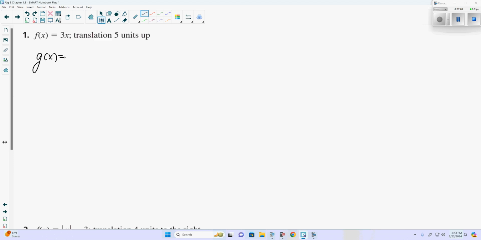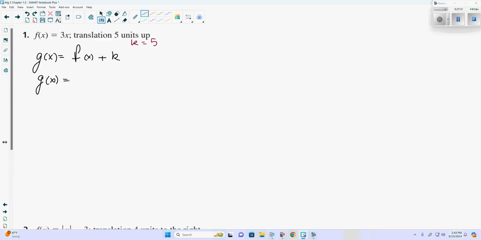So we're going to say g of x. Since we're going up and down, it's going to be f of x plus k. So what is our k value for this here? 5. And since it's going up, it will be positive 5.